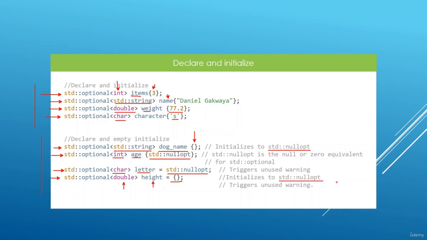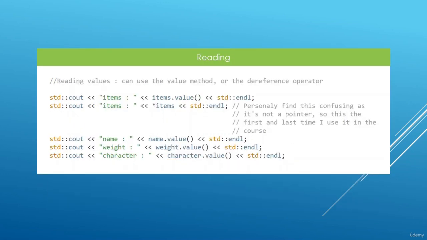So this is how you can declare and initialize your std::optional variables. And again, they can be in either of two states at any given moment. They can either contain a value, like we are showing here, or they can be empty, like we are showing in this series of examples here. Okay, now that we have seen how we can declare and initialize our std::optional variable, let's see how we can read values inside.